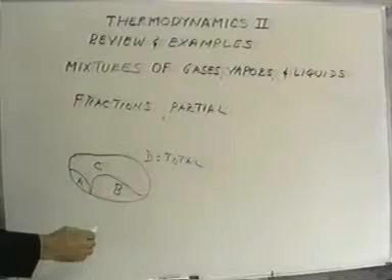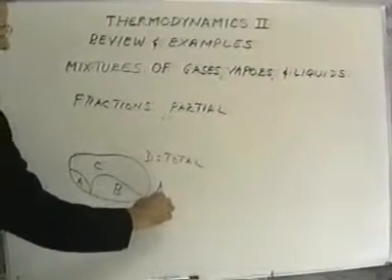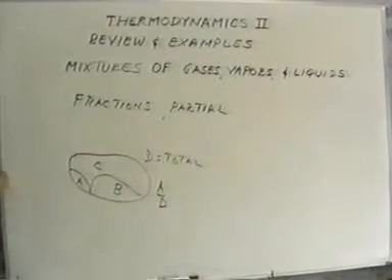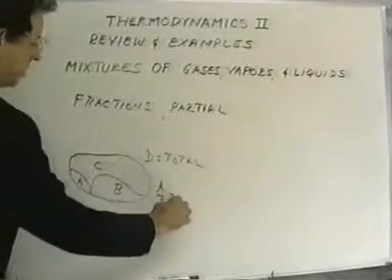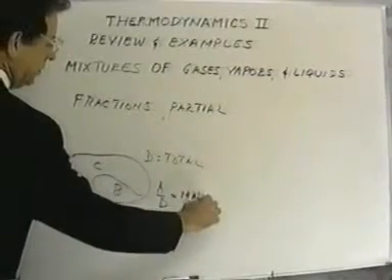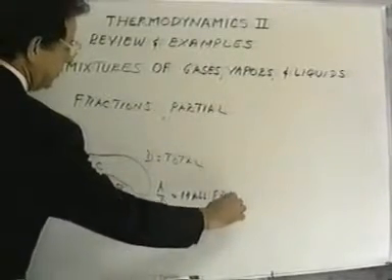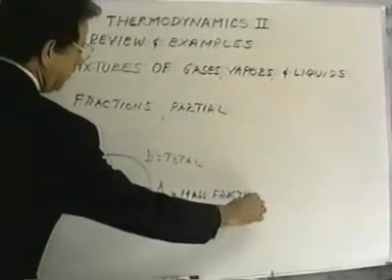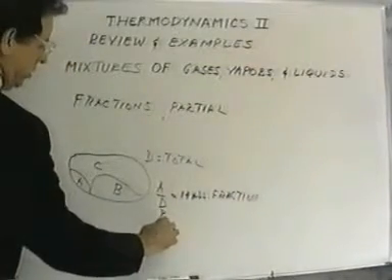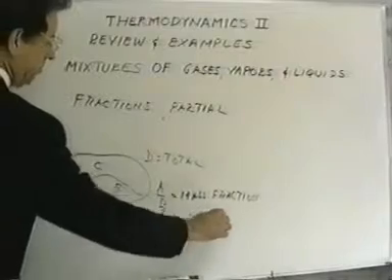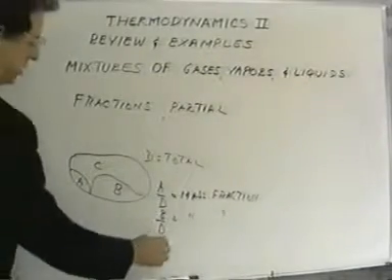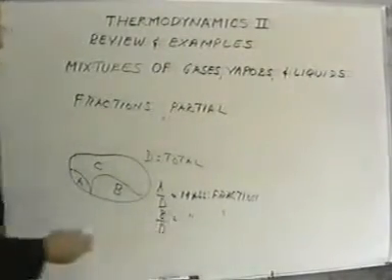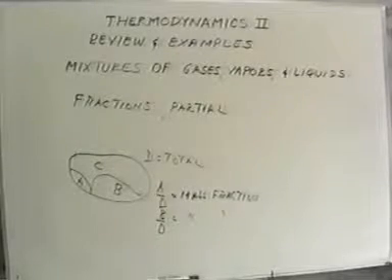Then we would take the ratio of A to D and say that represents the mass fraction. And similarly, the ratio of B to D would be the mass fraction of B, and similarly C divided by D is the mass fraction of C.